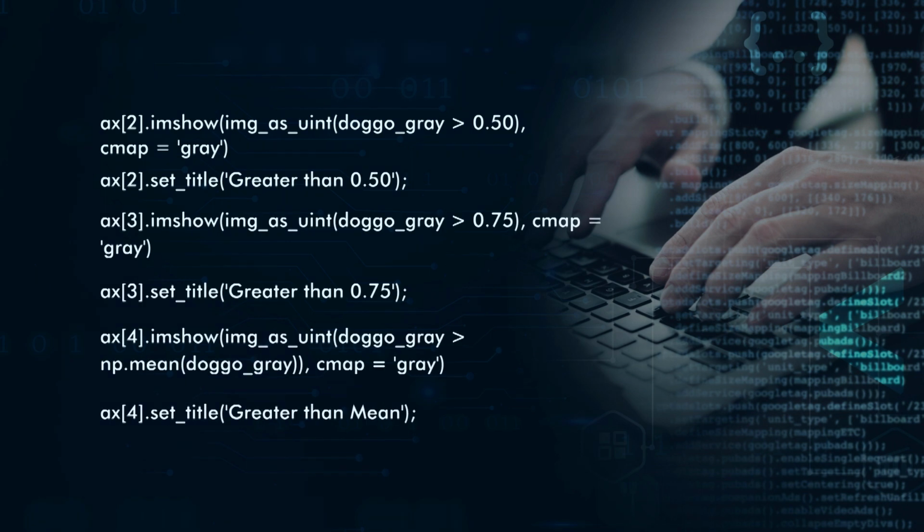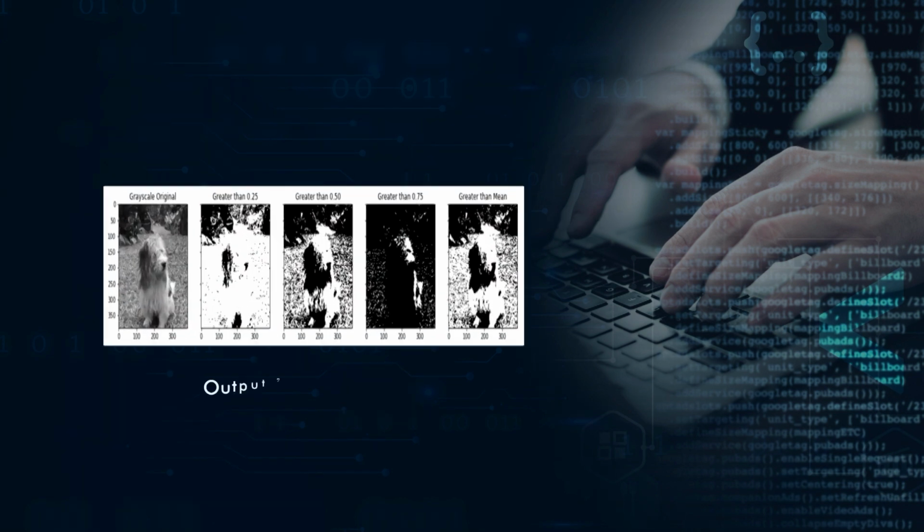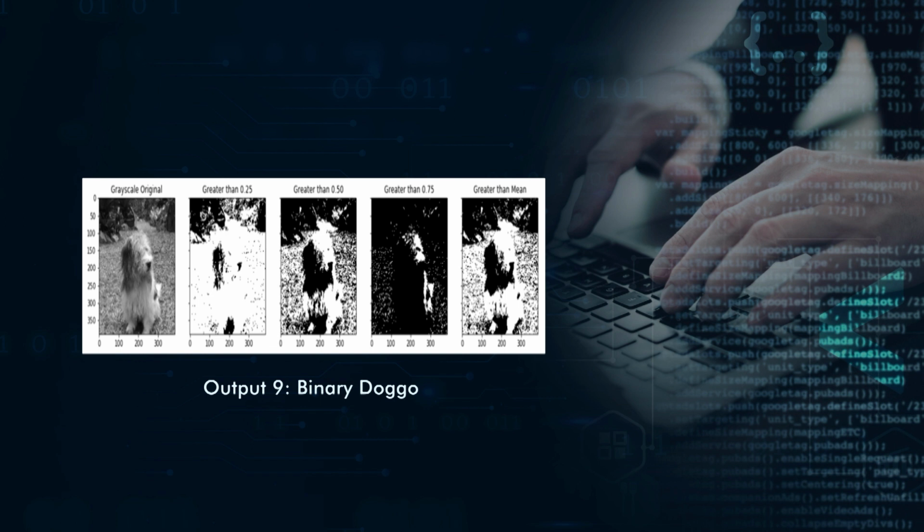These are the values according to the mean values, and here we have the output of the binary dog converted into grayscale, and with the help of this output we can actually generate the edges and contrast values of the images. That should give you a basic understanding of how to load and manipulate images using Python.